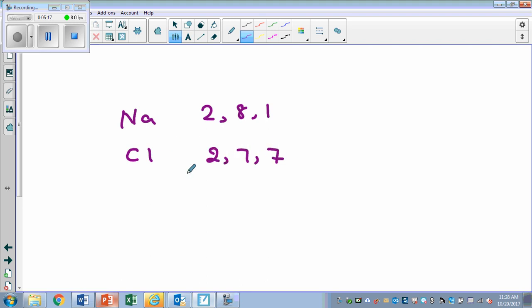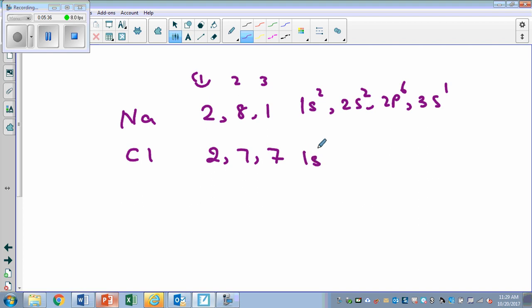So you see that in the ionic bond of sodium chloride, the valence electron from the sodium is in the third energy level. This is the first energy level, second energy level, third energy level. If I write down the electronic configuration, sodium is 1s2, 2s2, 2p6, 3s1. For chlorine, it is 1s2, 2s2, 2p6, 3s2, 3p5.